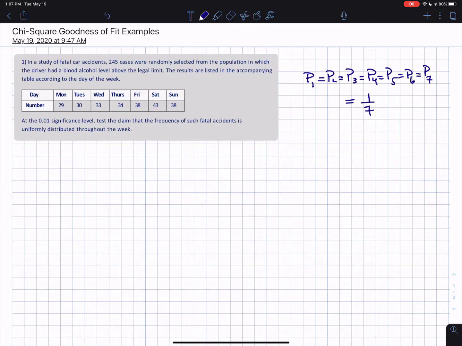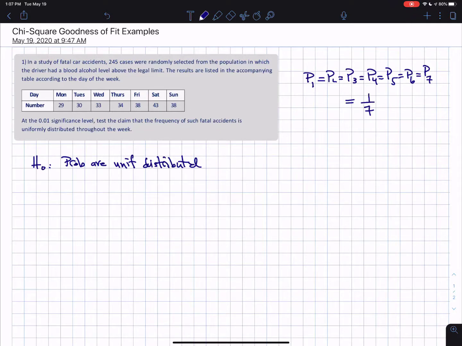So that's my claim, and hence that's my null hypothesis. So my null hypothesis is that all the probabilities are uniformly distributed. So you could write for your null hypothesis, probabilities are uniformly distributed. I've seen a null hypothesis in a goodness of fit test which is just a statement, with nothing to do with mathematical symbols.